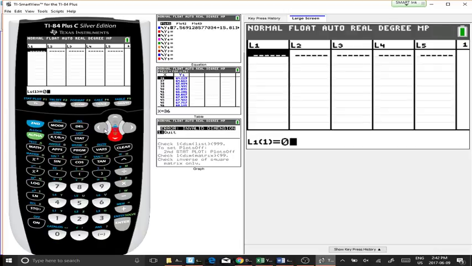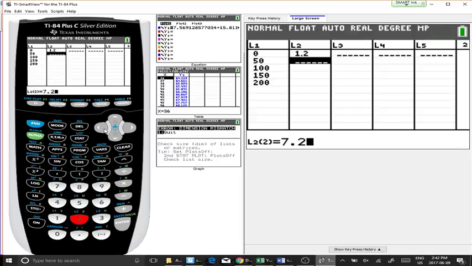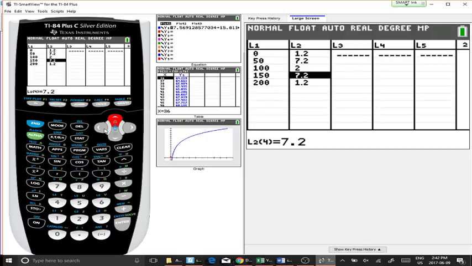We're going to start at 0, 50, 100, 150, 200, then 1.2, 7.2, 13.2, 7.2, 1.2. You got your 5 points. You do need 5 points for a sinusoidal.